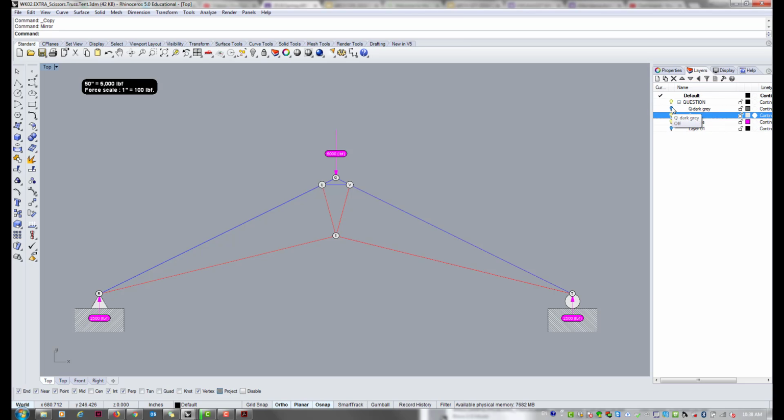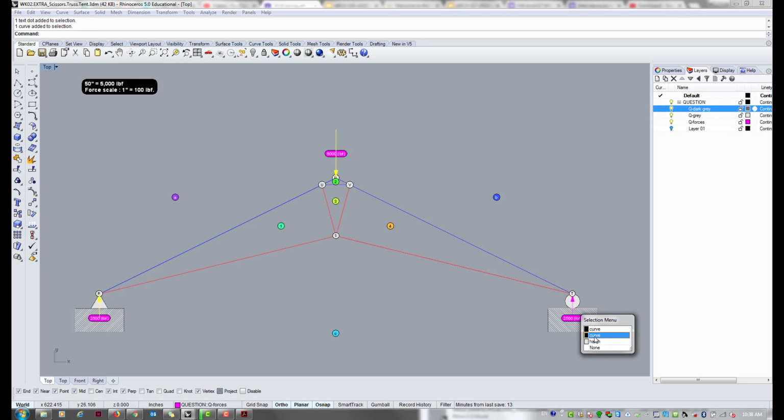So now I'm going to start by labeling the zones, which I did here, but let me do that again. Outside of the truss, we have 1, 2, 3 forces, which divide the entire world outside of the truss into 3 zones.